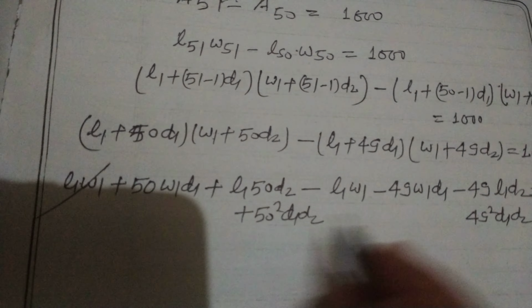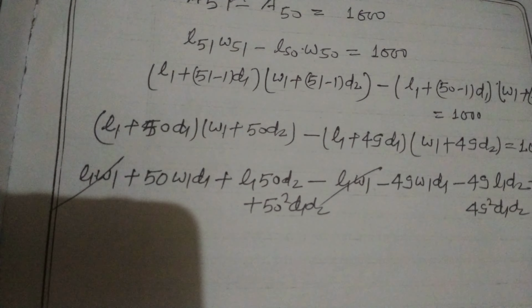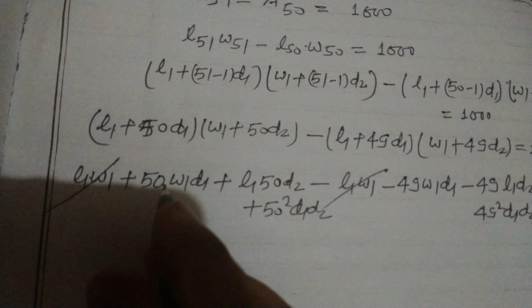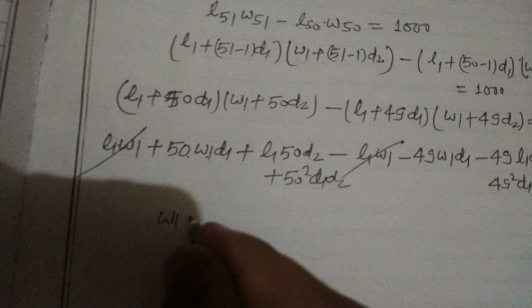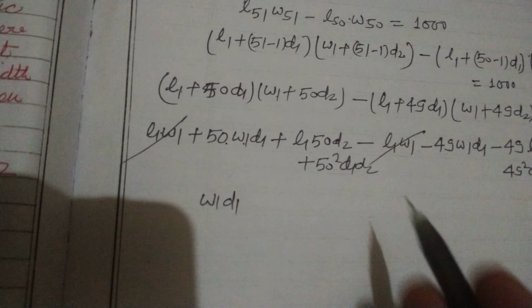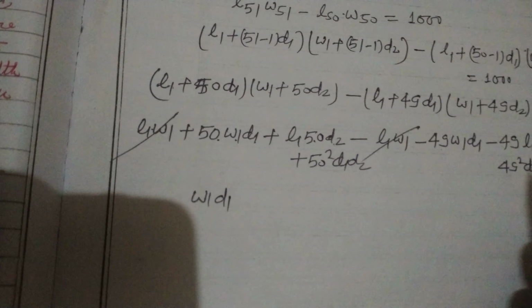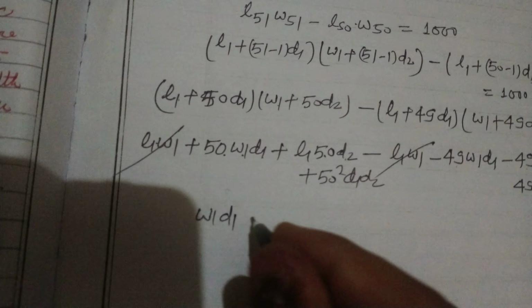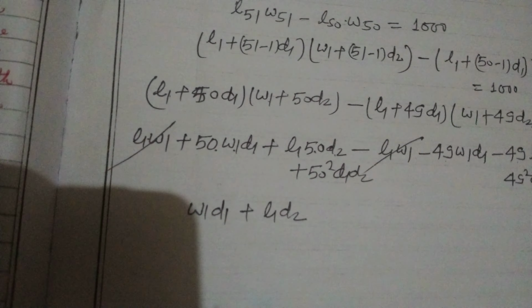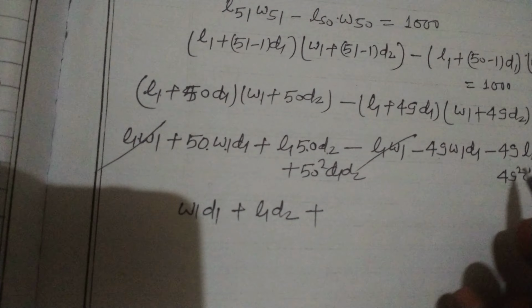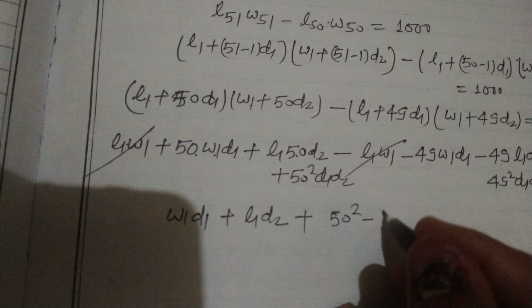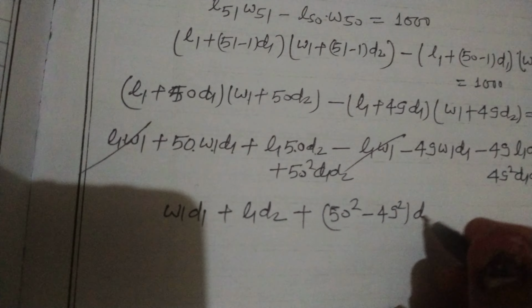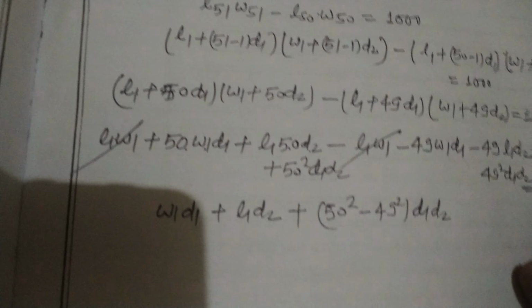Okay, so L1 W1 cancelled here, and 50 W1 D1 minus 49 W1 D1, so we got W1 D1, and 50 L1 D2 minus 49 L1 D2, so we got L1 D2 here, and for 50 square minus 49 square into D1 D2, this is equivalent to 1000.